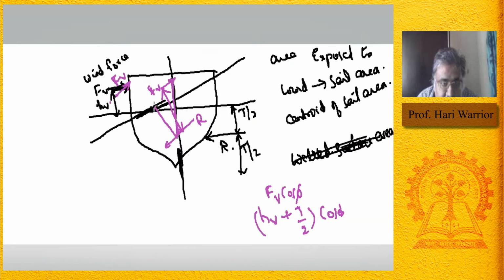This is the perpendicular distance between the two forces, which is hv plus T by 2 cos phi. I think this is phi. So the net wind moment will be Fv cos phi into hv plus T by 2 cos phi.